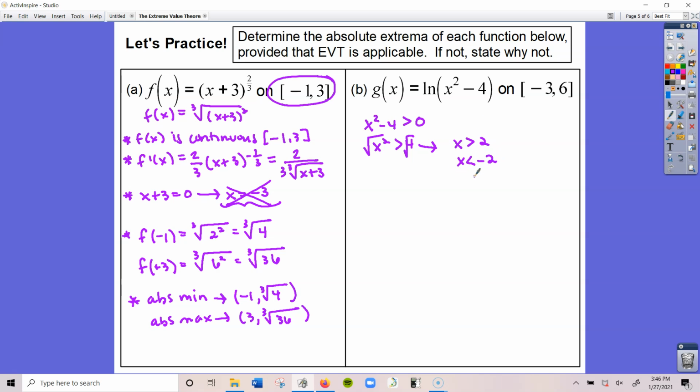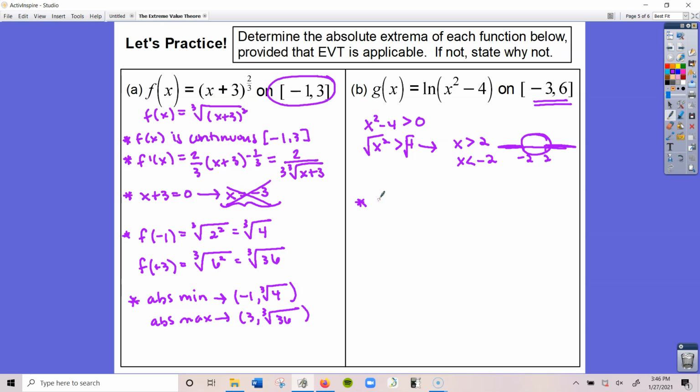Now, just to give you an idea of how this works for this particular function, I'm going to put these numbers on a number line. This particular function is only applicable as long as x is greater than 2 or x is less than -2. So we have this hole here where this function is not applicable, or it's not defined. So this function is not defined between -2 and 2, which is on the interval.